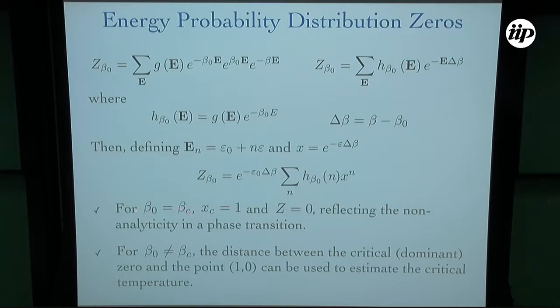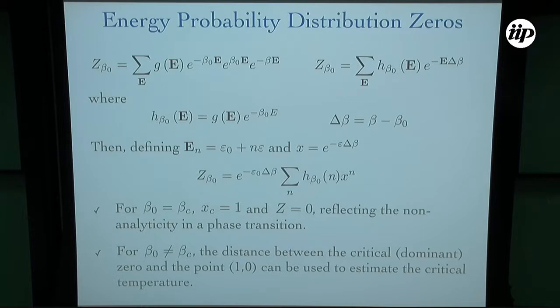So if you have a phase transition at exactly, if you make beta naught equal to the critical beta, you have x equal to 1. And since it's a phase transition point, the partition function should be 0 at this point, at the thermodynamic limit.